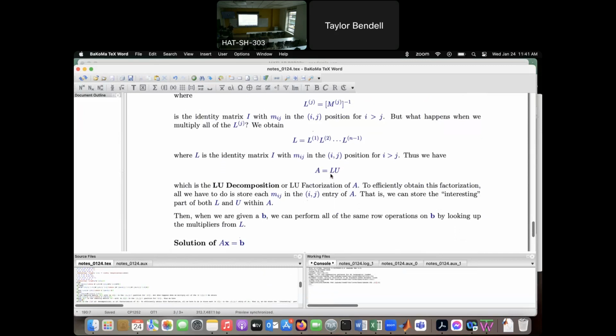So you can start with matrix A, run your Gaussian elimination function, and then overwrite A with the information that comes from L and U. So the upper triangle, including the diagonal, will have all the elements of U, your result of Gaussian elimination. In the lower triangle, you stuff all the multipliers, and you're done. You have your LU decomposition. And so it can be stored very efficiently because you can pack two matrices into one.